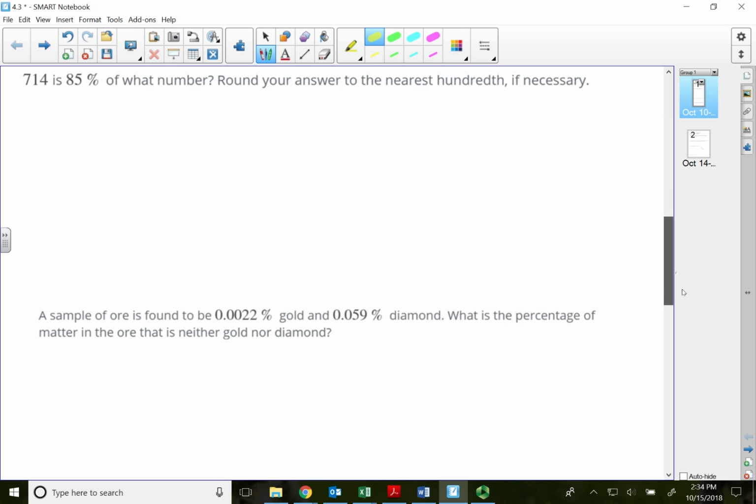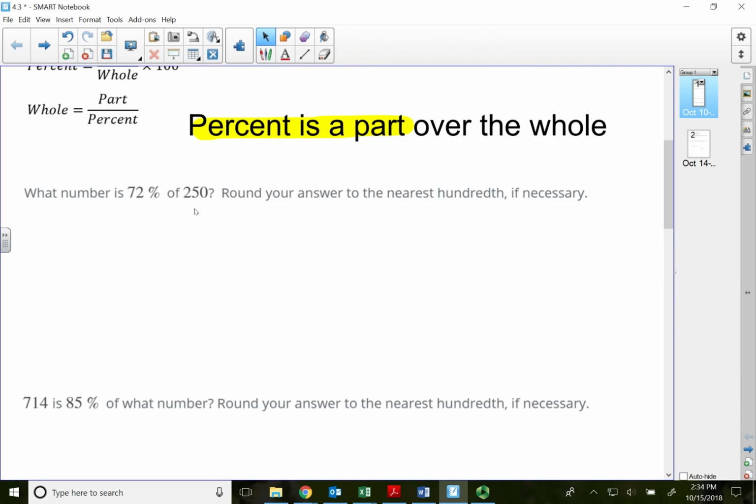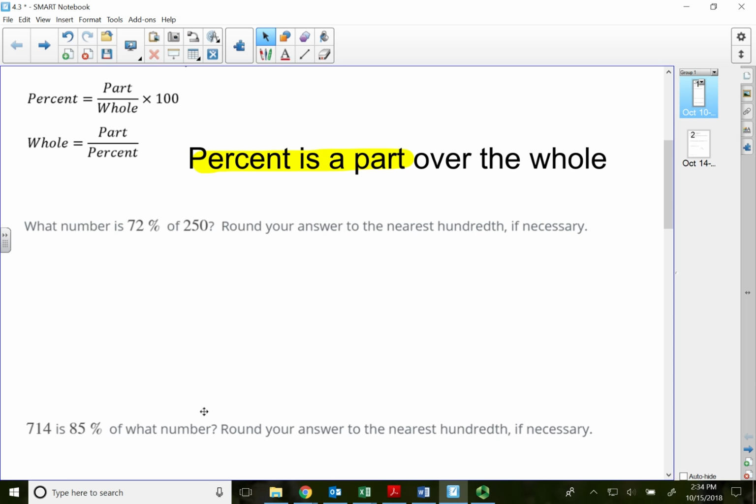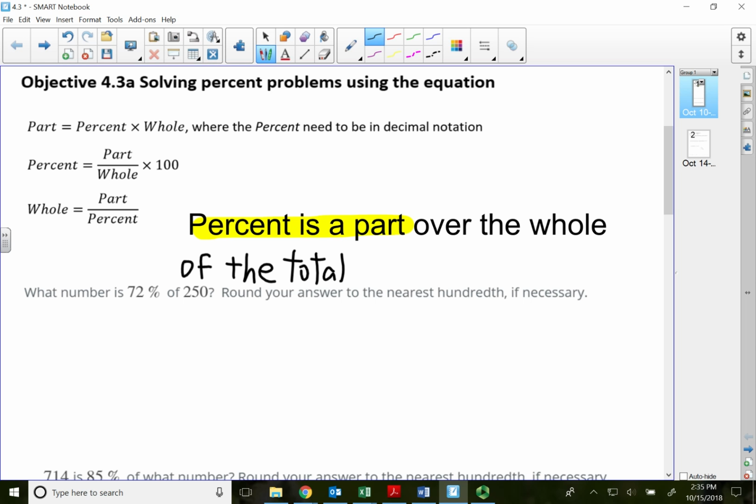Here are the first two examples, which are just for us to practice using the formula. What number is 72% of 250? Whenever we deal with a problem like this, remember that "of the total" refers to the whole.